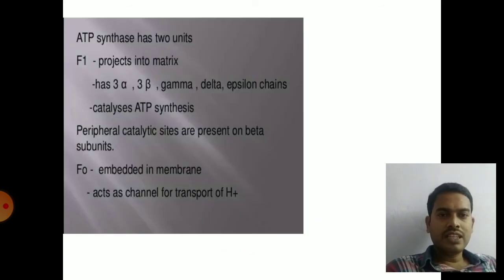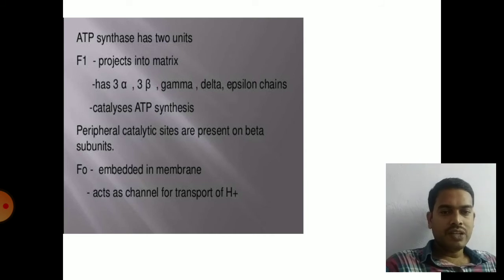As I mentioned, these are the structures. F1 projects into the matrix, which has 3 alpha, 3 gamma, delta, epsilon, and the beta subunit catalyzes the ATP synthesis, and the F0, which is embedded into the membrane, plays an important role in the transport of H plus ions and is comprised of C 10 to 12 subunits.